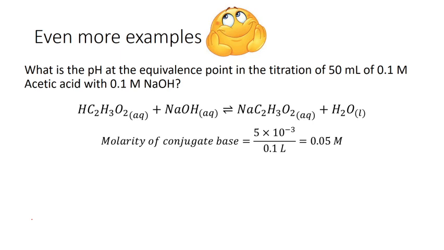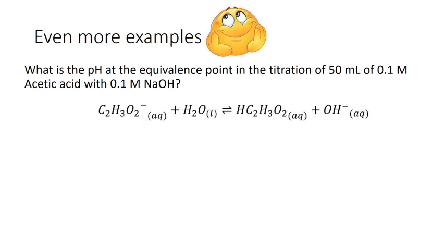So great. Now we know the concentration of our conjugate base at the equivalence point. And we can move on to looking at this reaction, because at equivalence point, once we stop adding base, this is the reaction that we're going to be concerned about, where our conjugate base is reacting with water to form a conjugate acid and hydroxide, which is what we're really going to be looking at.